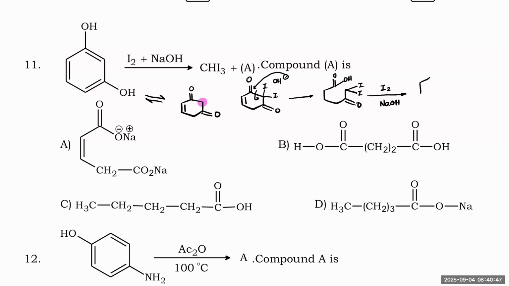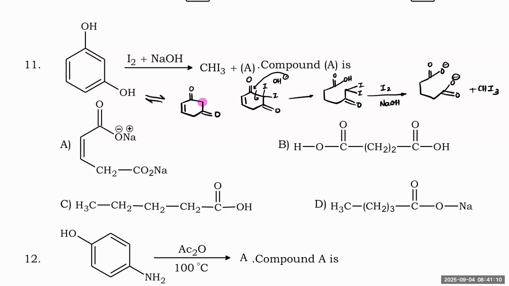So you will have C double bond O, OH, and CHI3. And here also C double bond O, OH. Basically, OH will not be there, O minus will be present. So this is the product you will get. So you'll get 5 carbon, 1, 2, 3, 4, 5, and CHI3.